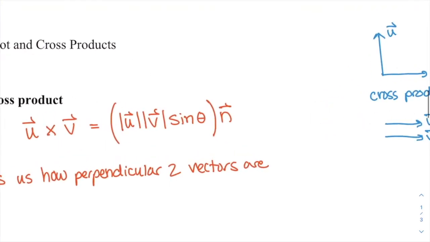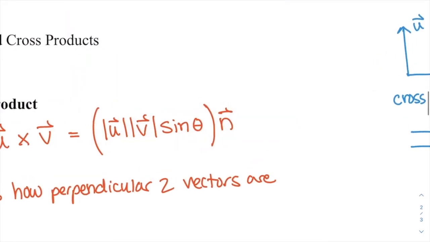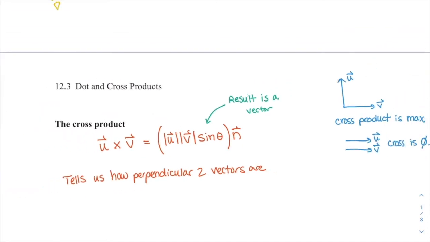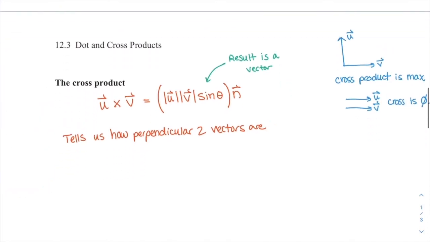And now let's take a look at the outside. So it's magnitude of u times magnitude of v times the sine of the angle between them, all of that in the normal direction. The difference here is that the cross product is actually a vector, so the resultant is a vector. When you take the cross product between two vectors, the output is another vector, and the vector is always normal to both the vectors you took the cross product of.